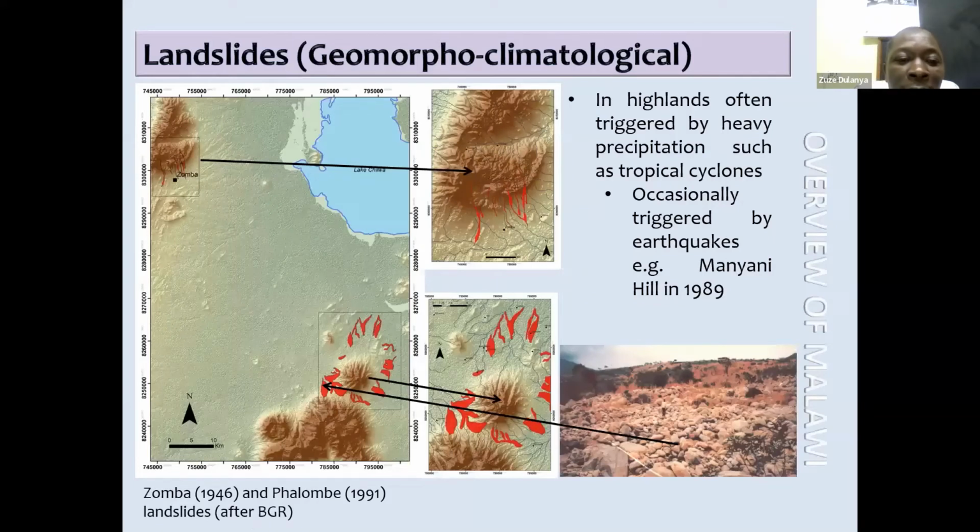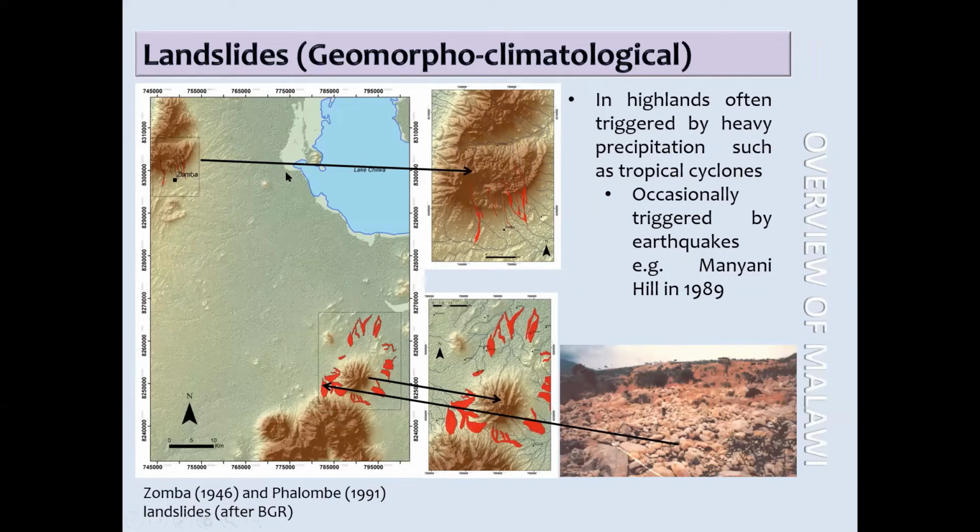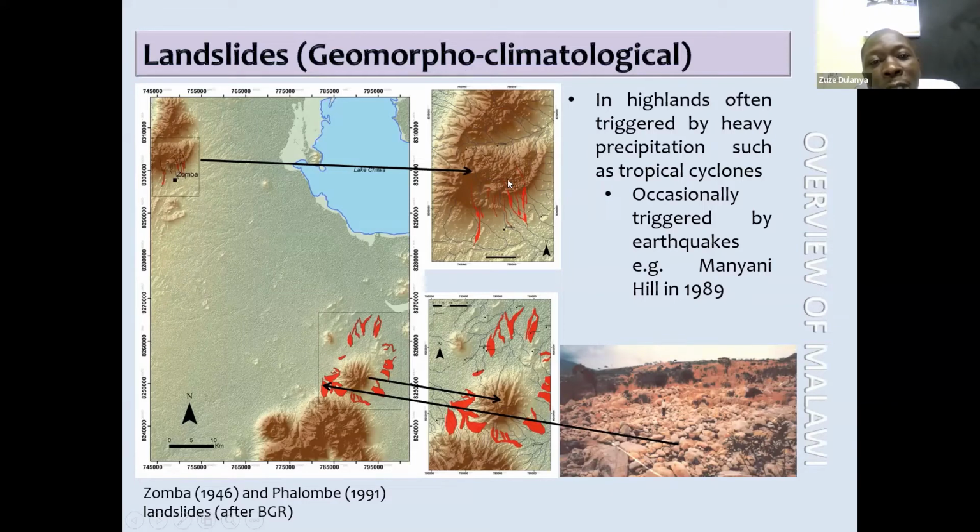But we have other hazards too that I describe as geomorphoclimatological, so a mixture of geomorphology and climatic events. So here is the city of Zomba, for example, and you have within that slide areas that were devastated by a landslide that destroyed part of the city in 1946.